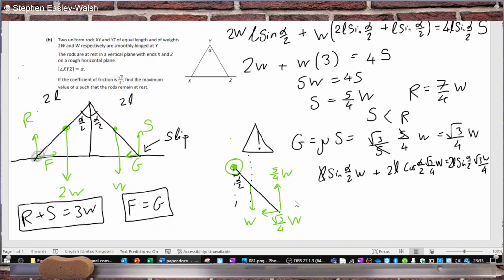I'll divide by cos to make tan. I can cancel the W's. So let's see what I get. So that'll be tan alpha over 2 plus 2 root 3 over 4, cos over cos, okay, and then L is gone, sine over cos is tan alpha over 2 root 3 over 4.